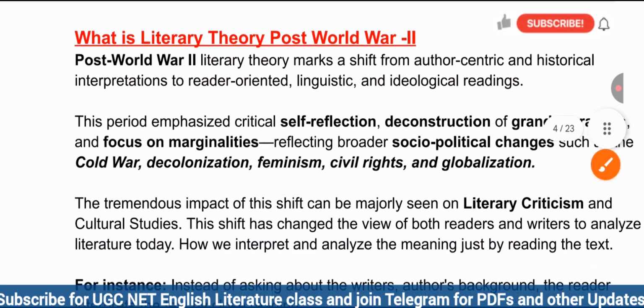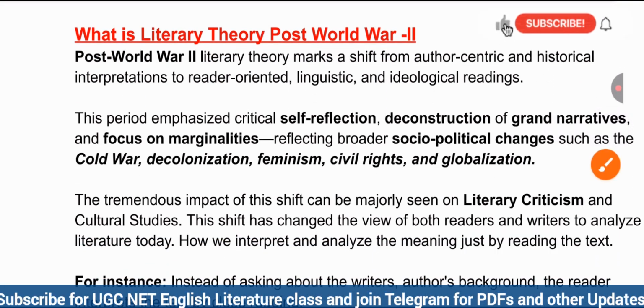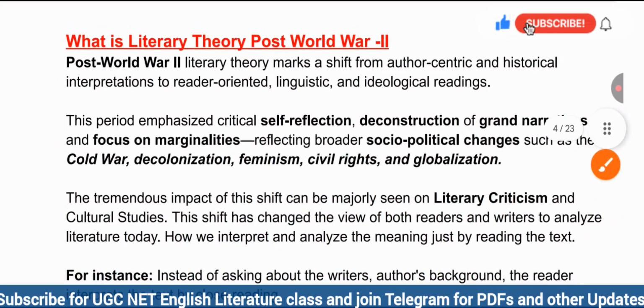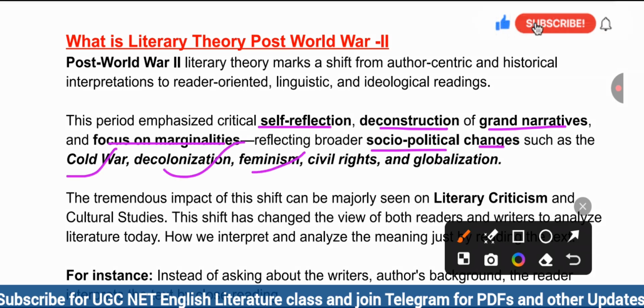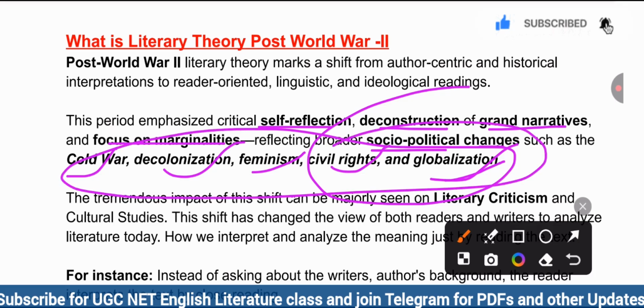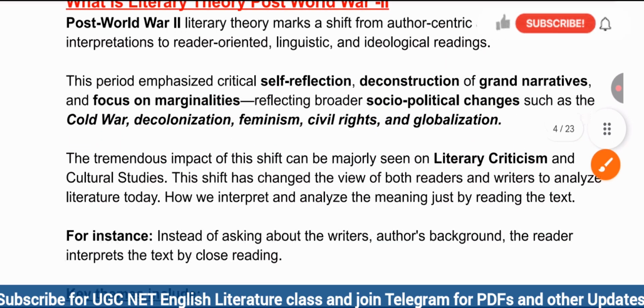Okay, this period emphasized critical self-reflection, deconstruction of the grand narratives, and focus on marginalities, reflecting broader socio-political changes such as the Cold War, decolonization, feminism, civil rights, and globalization. These are the parts of post-World War II, the theory that was used in this specific era.